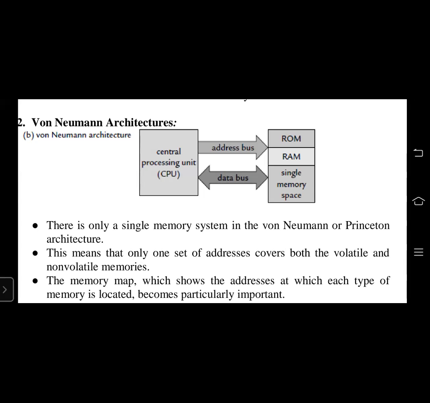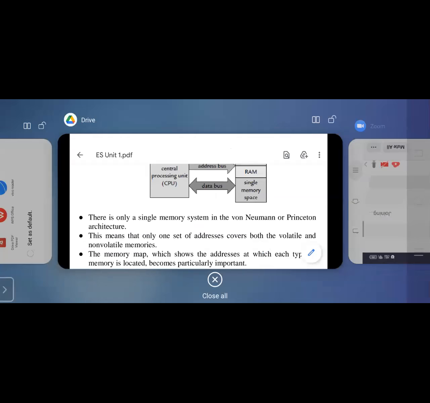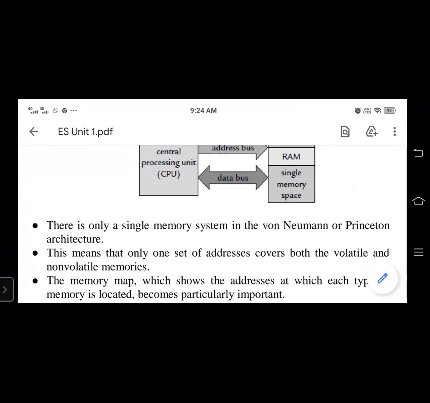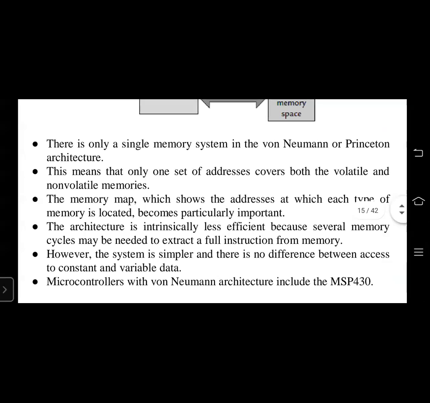So there is only a single memory system in the von Neumann or Princeton architecture. Von Neumann is also called Princeton architecture. This means that only one set of addresses covers both the volatile and non-volatile memories. The memory map, which shows the addresses at which each type of memory is located, becomes particularly important.